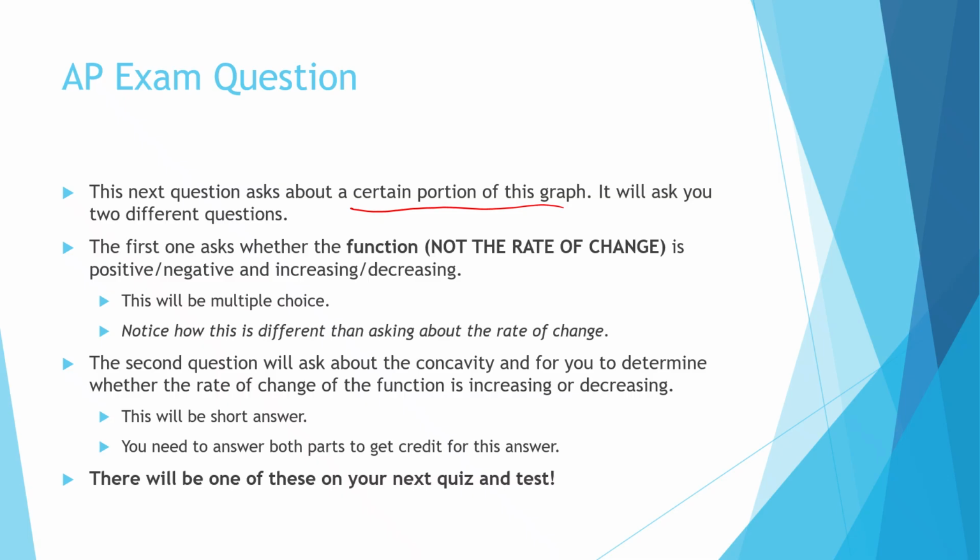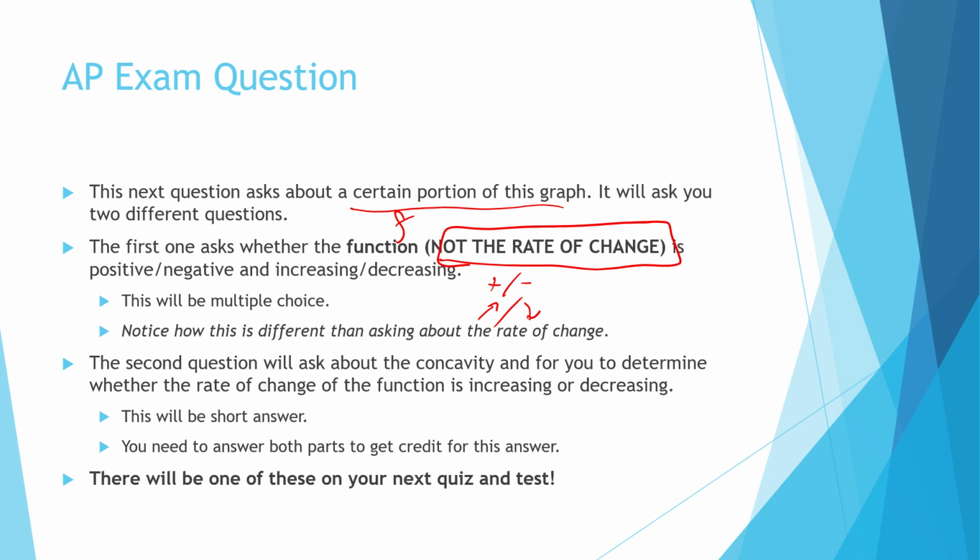The first one will ask whether the function f, or whatever it's called, not the rate of change, is positive or negative, and then increasing or decreasing. It will be multiple choice, so even though it's technically going to be in the short answer section with air quotes around it, you're just going to write the letter of your multiple choice answer. It's weird. This is not asking about the rate of change, it's just asking about the function itself.